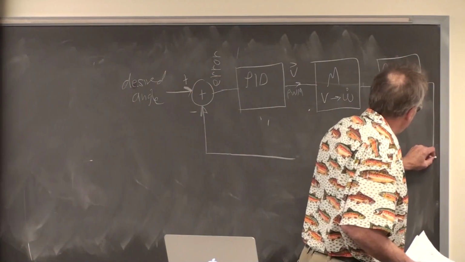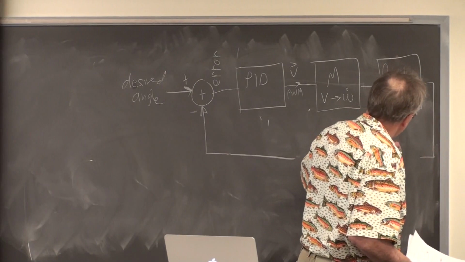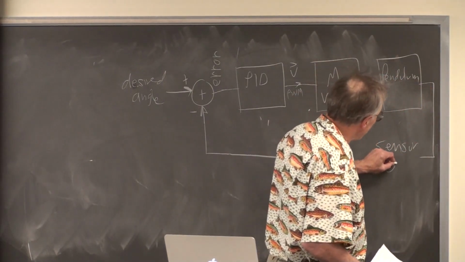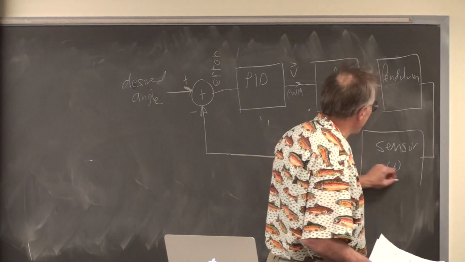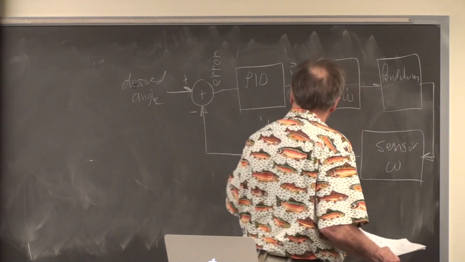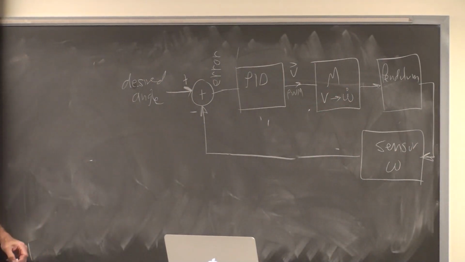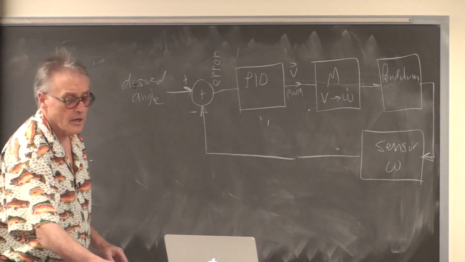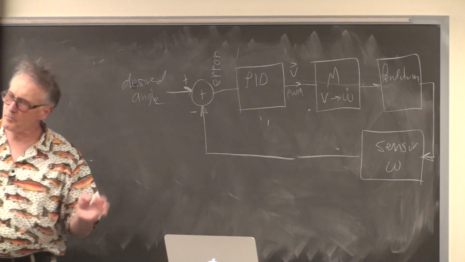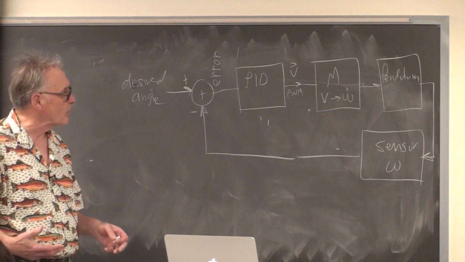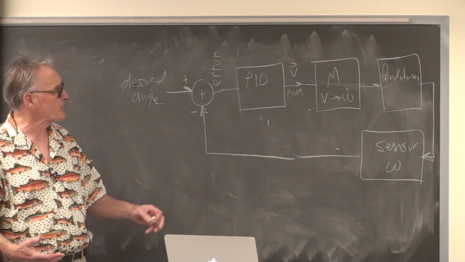Then we're going to feed that back through a sensor. And the sensor is going to actually give us the angle omega as measured. And that's what gets fed back to produce the error. And I'm going to do this partly qualitatively, partly quantitatively, because I don't want to spend a lot of time on the control theory.